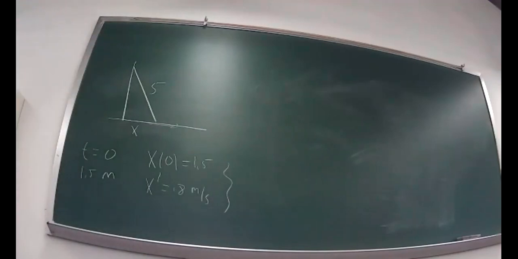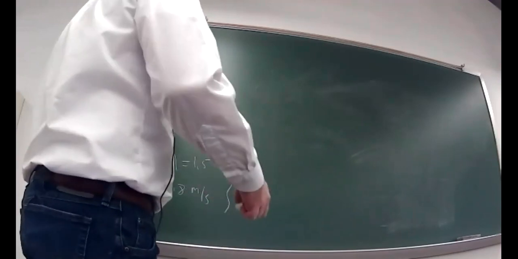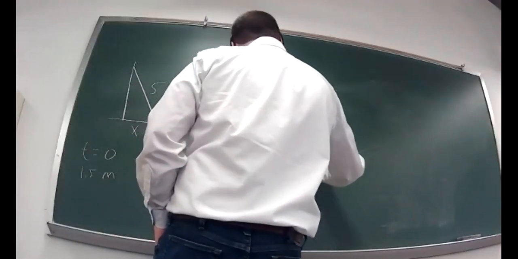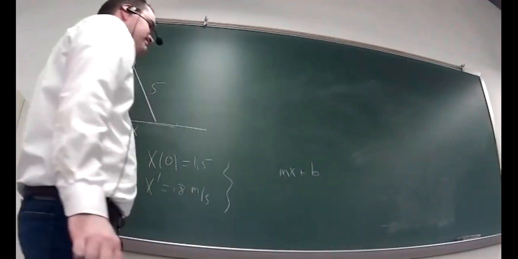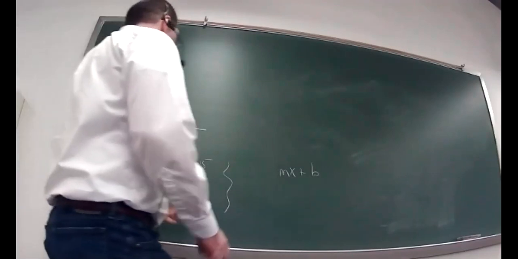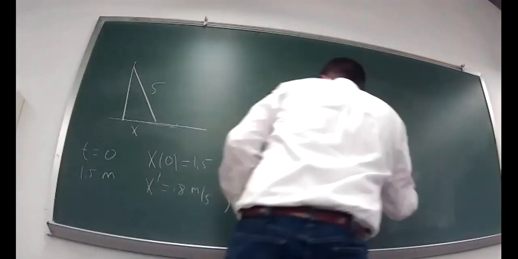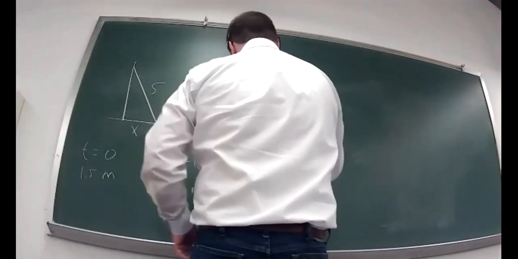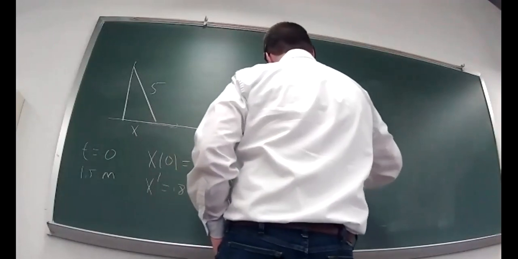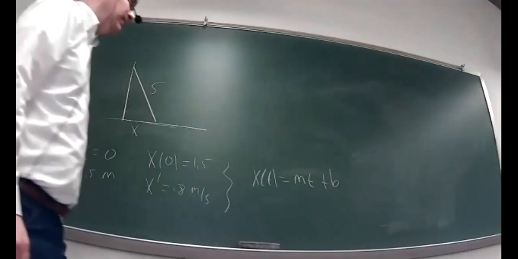By the way, you can put these two facts together. The only functions whose derivatives are constants are functions of the form mx plus b, or like in this case, you might say x of t equals m times t plus b, because it's a function of time.